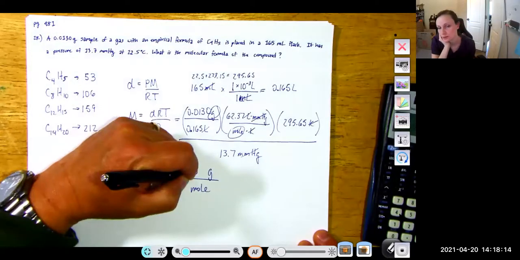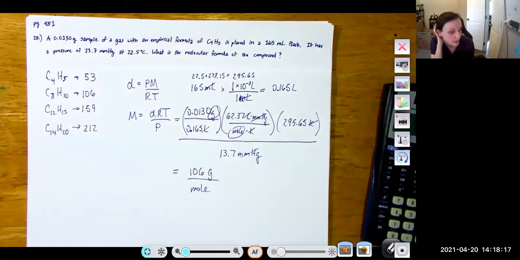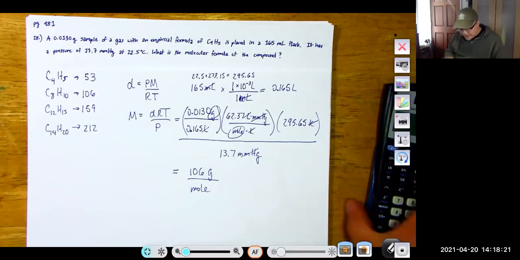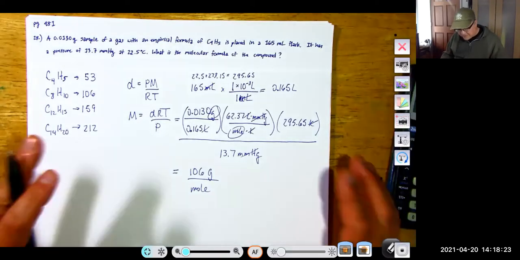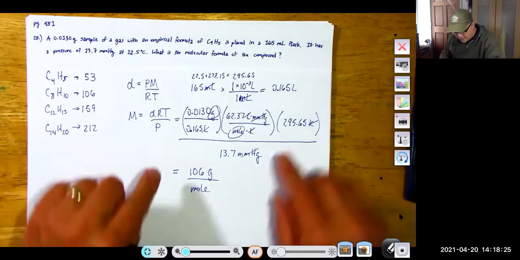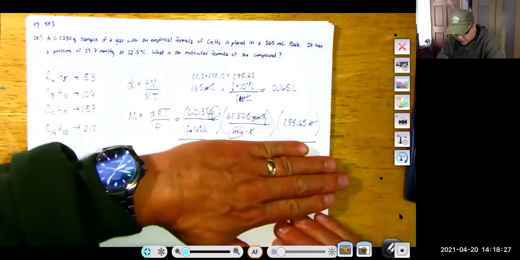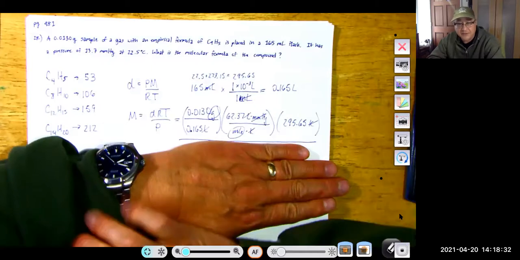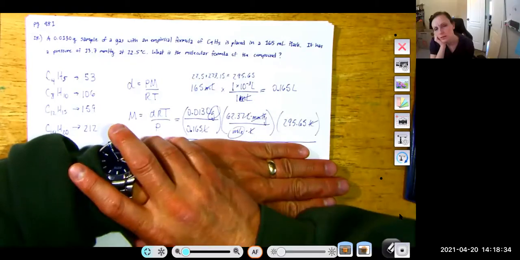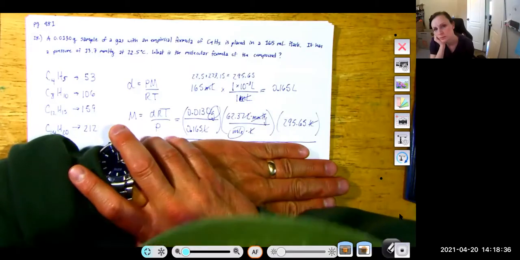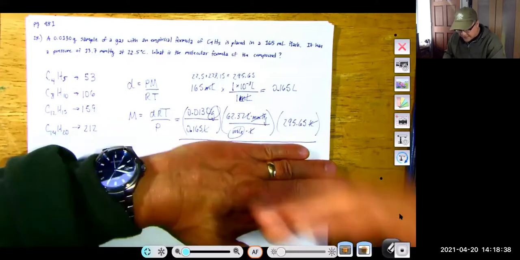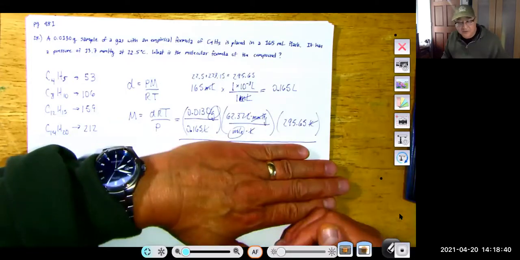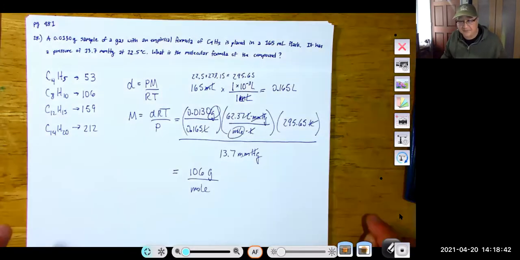So did you just put the 0.165 in the denominator? Yeah. So this is the way I think of it. If I were just doing the top, couldn't I just multiply everything on top and then divide by 0.165 and get my correct answer? Yeah. And then if I got that answer, could I take that answer and divide by 13.7 and get the right answer? Yeah. So that's what I did.